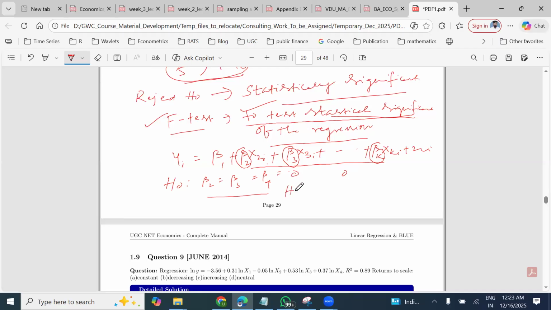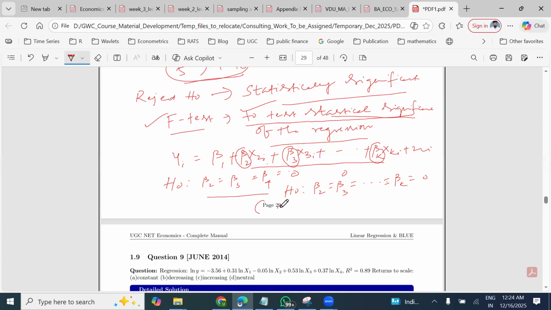Let me write it in a little more generalized form. It is equal to beta k, because it will go up to k if you include k independent variables. So basically this is your null hypothesis.